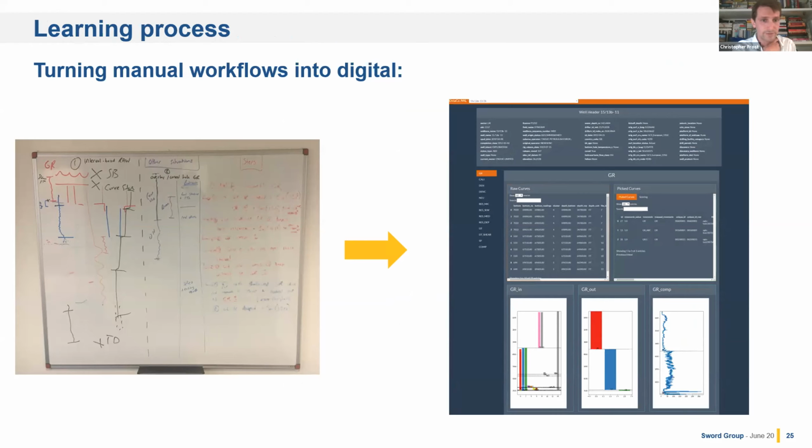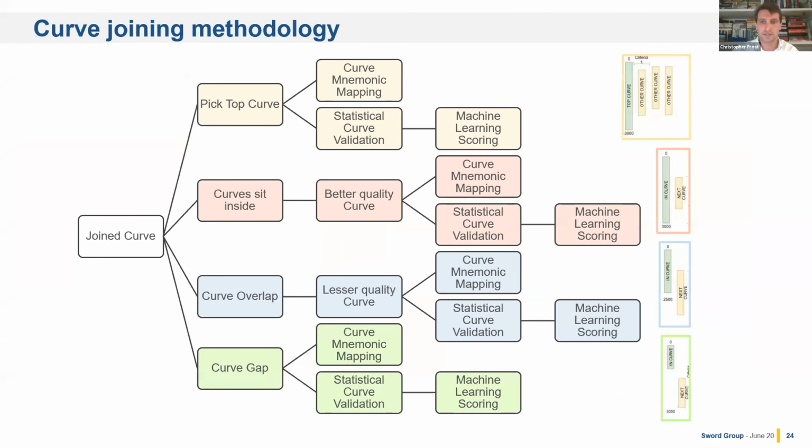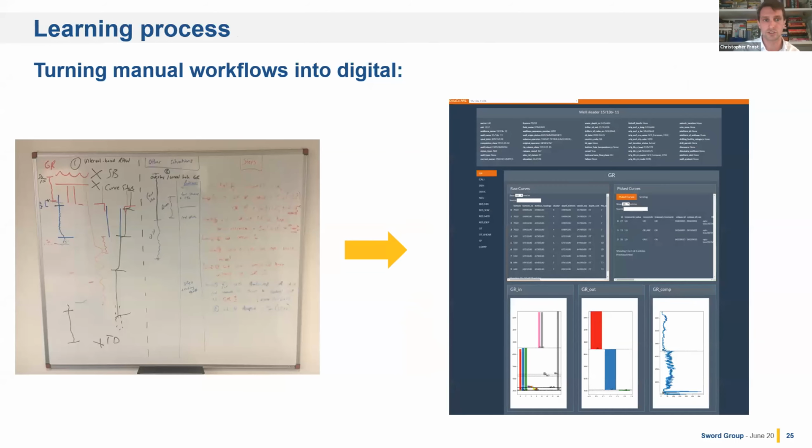So we've got a lot of experience in the steps in the process, but turning that from the kind of tacit knowledge that you would need to undertake this process day to day in a manual workflow and putting this into a digital workflow became quite a difficult process. And that's where we came to the curve joining methodology, basically a tree of possible outcomes using machine learning and more standard kind of approach to create something that is coherent from the top to the bottom of the well.